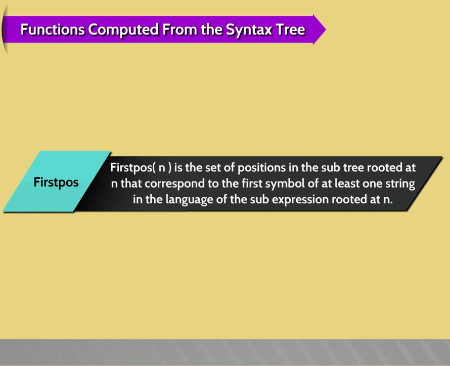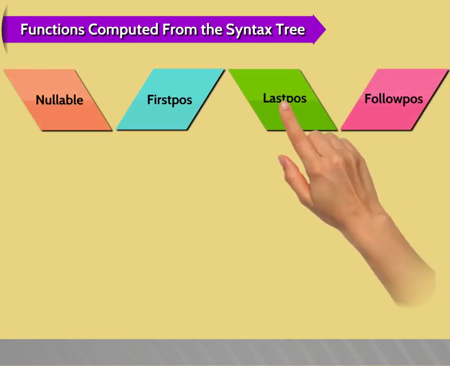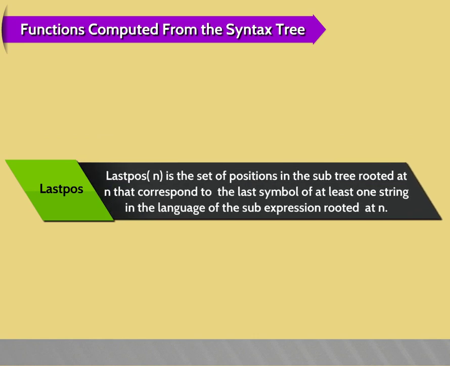Firstpos of n is the set of positions in the subtree rooted at n that correspond to the first symbol of at least one string in the language of the sub-expression rooted at n. Lastpos of n is the set of positions in the subtree rooted at n that correspond to the last symbol of at least one string in the language of the sub-expression rooted at n.